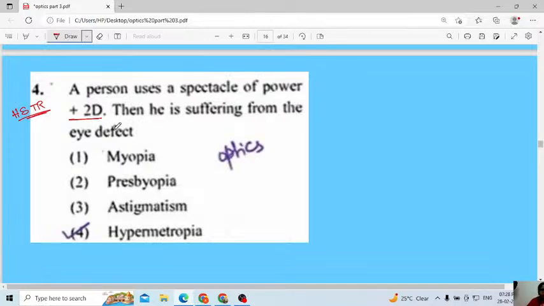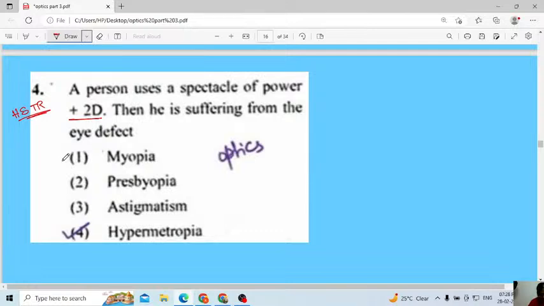Okay, listen here. What is the answer? Radhika, yes. Cataract. Cataract means a layer formed on the lens. Those who are old people, more than 50 or 60 years, a thin layer will form on the lens, not on the retina.